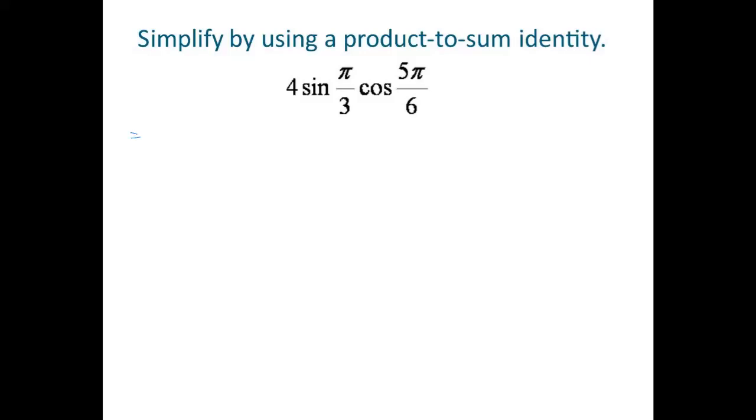So we'll bring the 4 out in front, and then our product to sum formula for sine of u cosine of v, so this would be u, this would be v, if I just go to rewrite, would be 1/2, and then it would be sine of pi over 3 plus 5 pi over 6. And then we're going to add to that sine of the subtraction of those two angles.